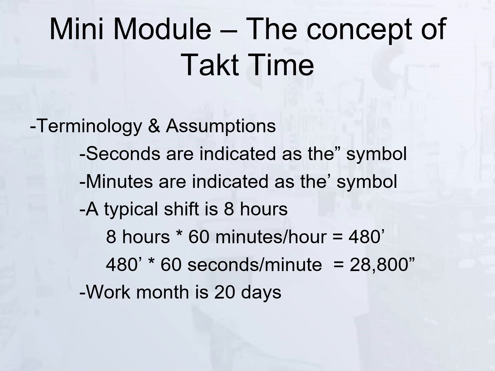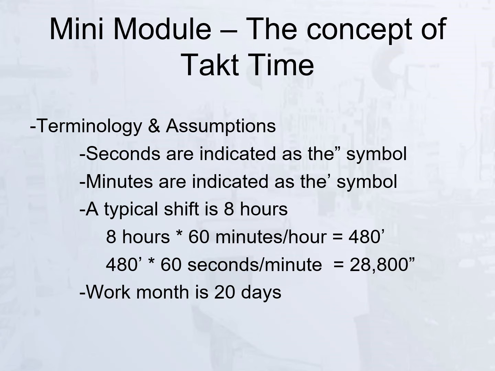As far as assumptions, we're going to assume that a typical shift is 8 hours long. 8 hours times 60 minutes in an hour is equal to 480 minutes. So at the end of the 480, in order to indicate minutes, we're going to use the apostrophe symbol. We'll put that right after our 480 in this example.